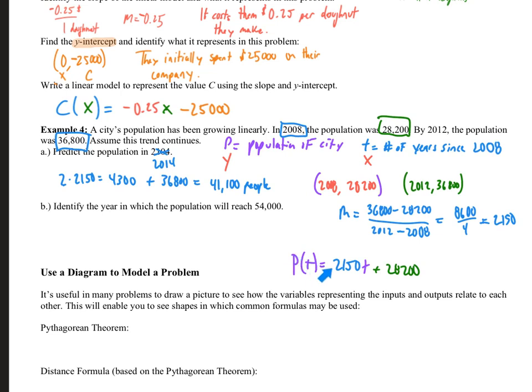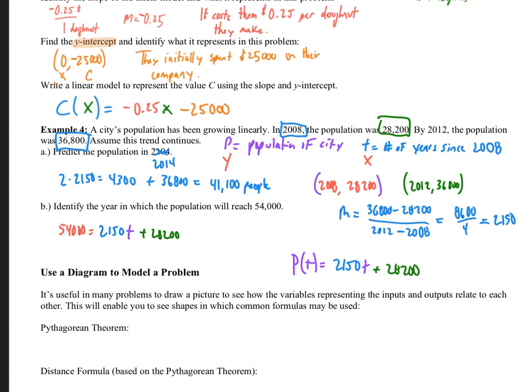If I have the equation, then I can just say, well, the population is 54,000. And then I can just solve for t.